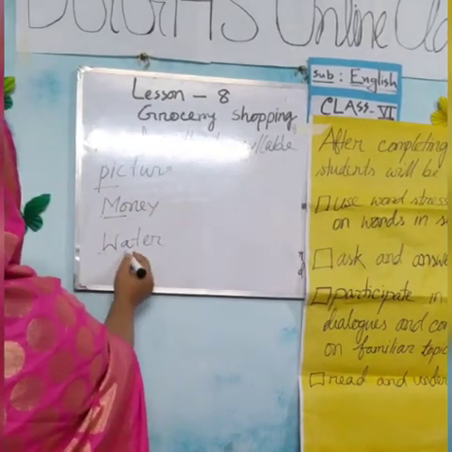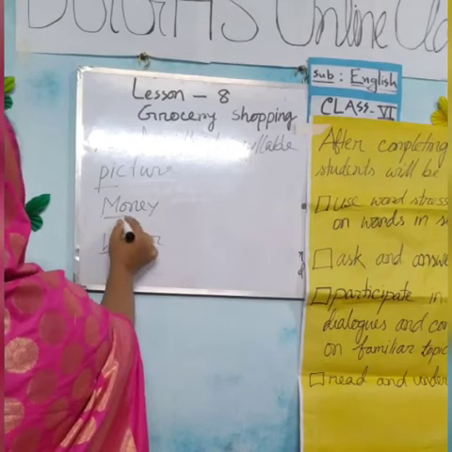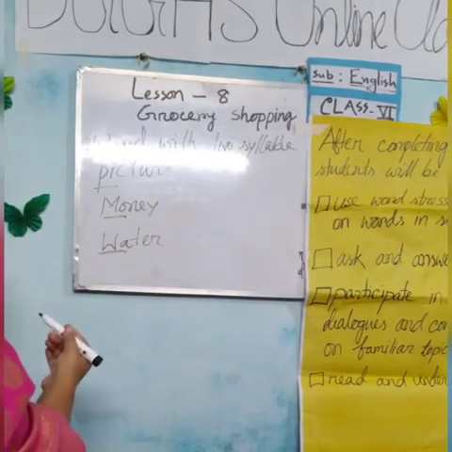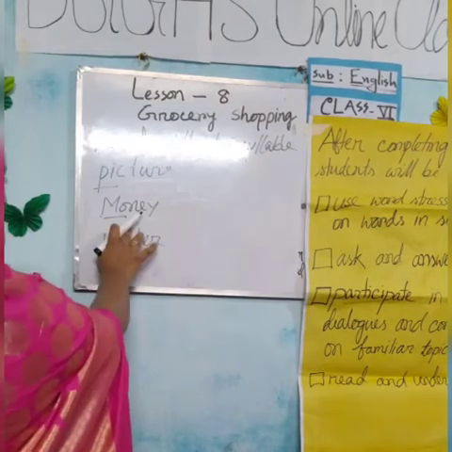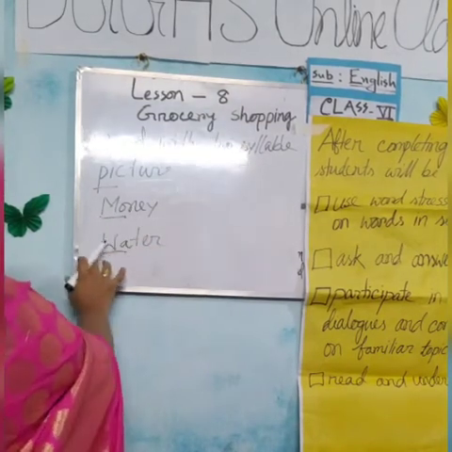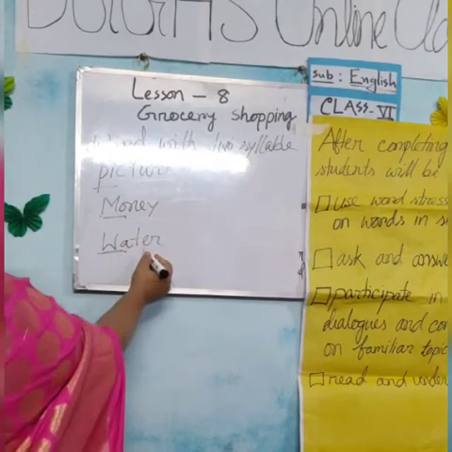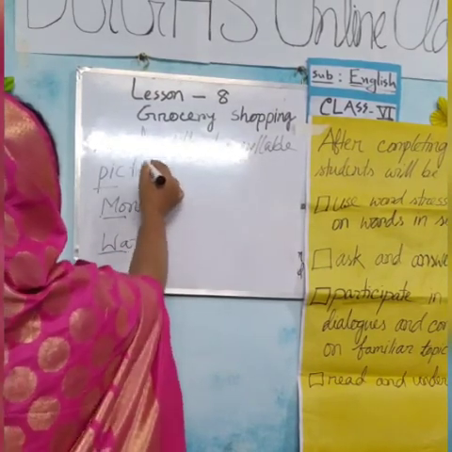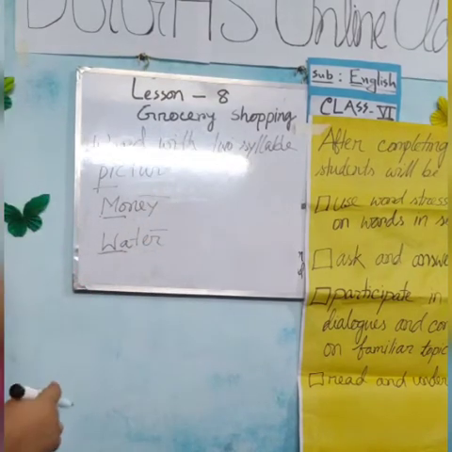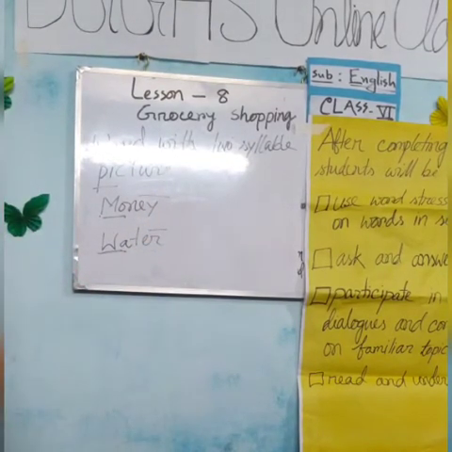So the first syllable will be stressed and the pronunciation will be picture, money, water. And the second part will be unstressed.